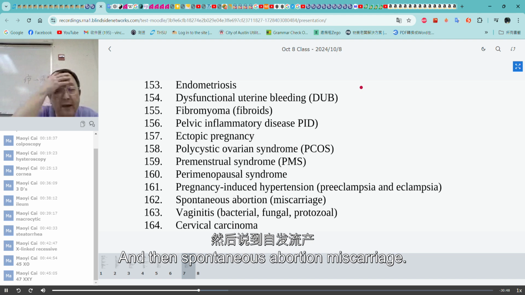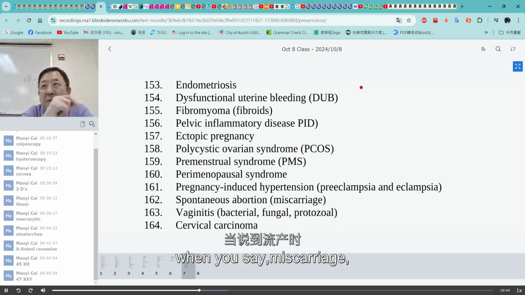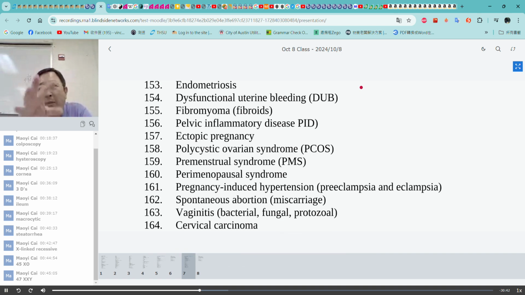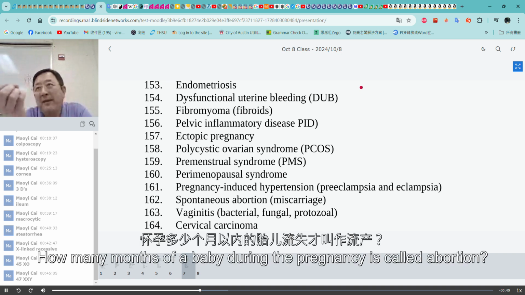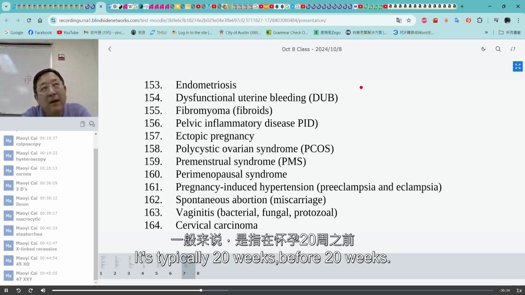And then spontaneous abortion, miscarriage. When you say miscarriage, how many months of pregnancy is it called abortion? Otherwise, you cannot even call it abortion. It's typically before 20 weeks.